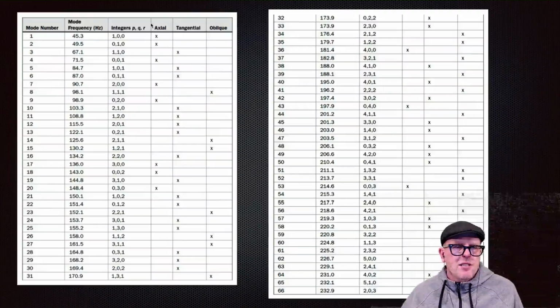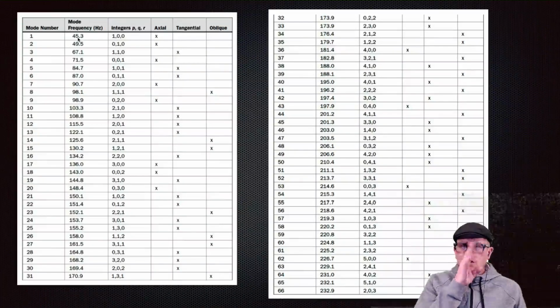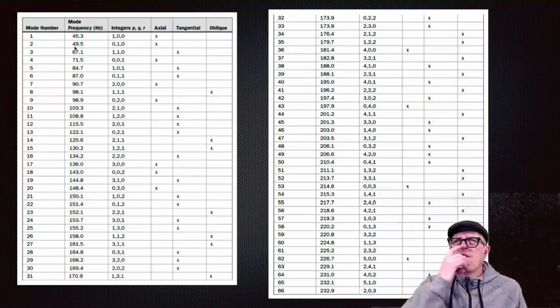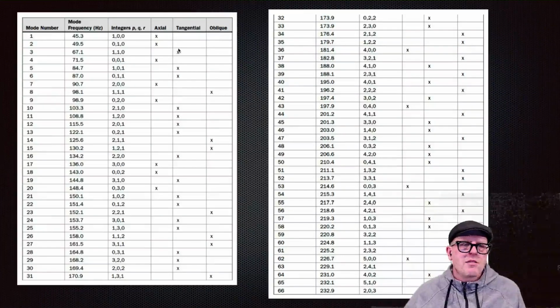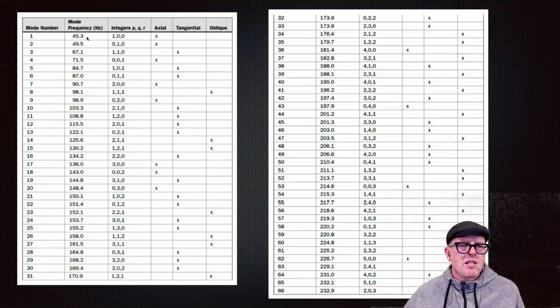If I plug those numbers in, I get a 45. The other way you can look at this is F equals V over 2L, and I don't know which one they're defining as P. But basically, this is my axial.